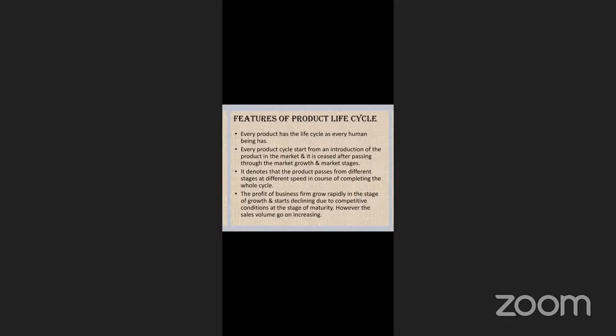And we cannot say that every product has a decline stage, because some 100-year-old products are still available in the market. If you see the brands of cars, and the Royal Enfield bike, they are so old but still they exist in the market.